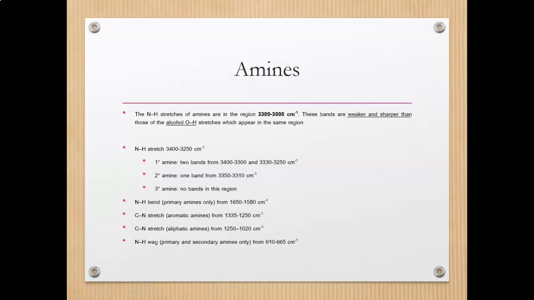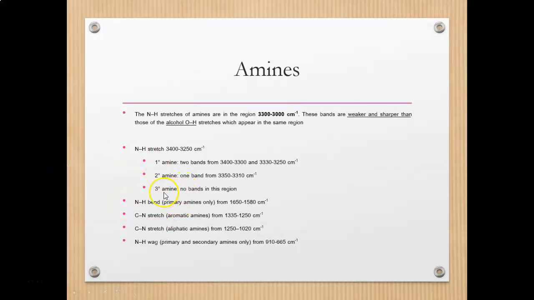For amine, NH stretch of amine are in the region 3,300 to 3,000. These bands are weaker and sharper than those of the alcohol. Okay. So amine ni dia ada dua hydrogen lah kalau NH2 kan. And it has a symmetrical stretching, and also it has an asymmetric. Dia ada one primary and secondary and also tertiary amine.